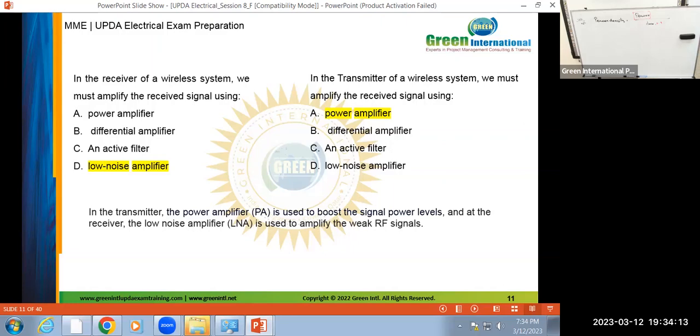On the left side it is the receiver, on the right side it is the transmitter. For the receiver, we use the low noise amplifier. For the transmitter, we use the power amplifier. So you need to carefully read whether it's a receiver or transmitter.